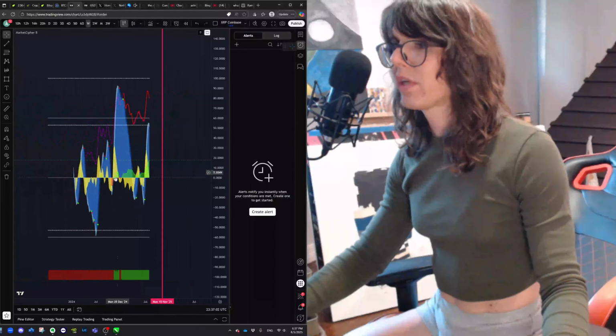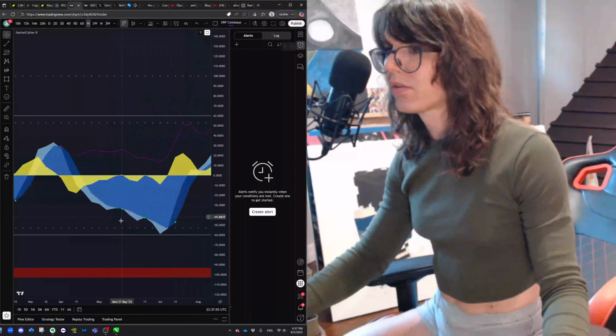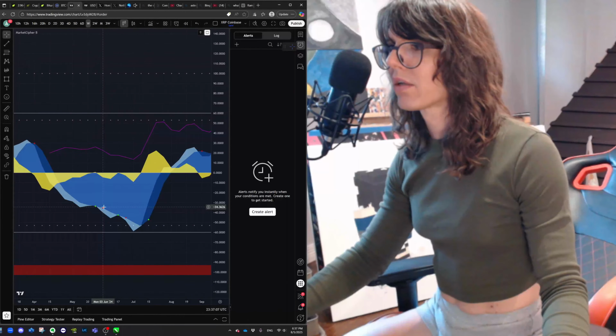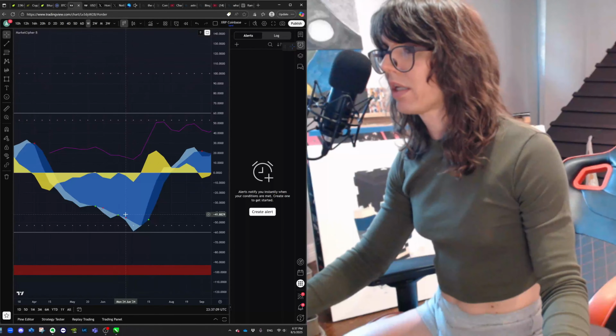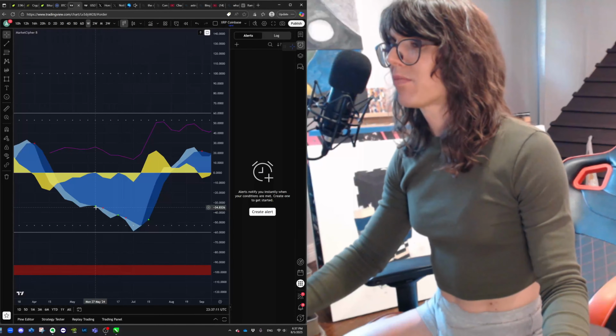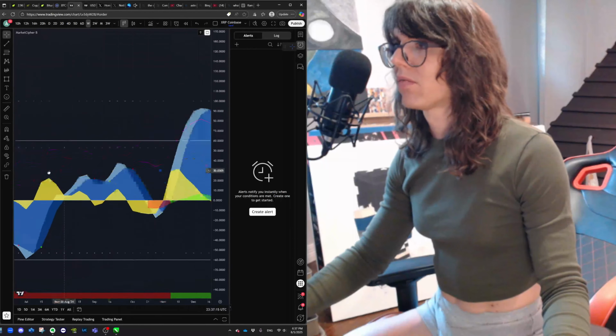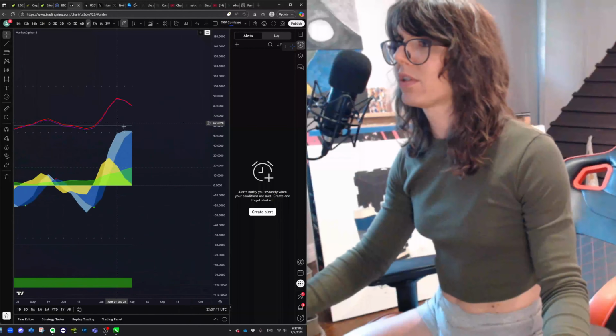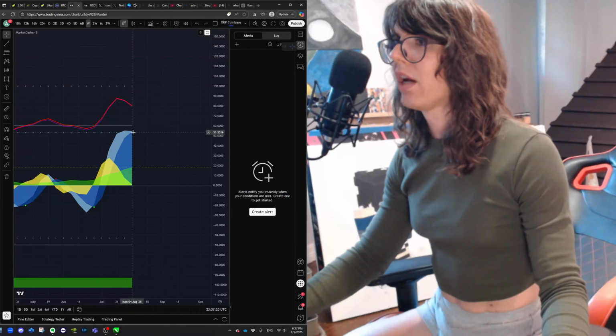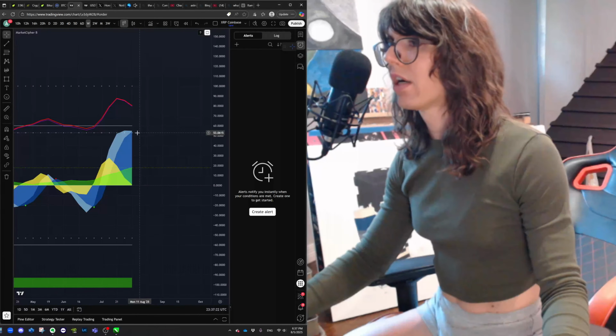And if you look over here, there's 1 week, another week. There's 1 week, the next week. So it's possible to see a red candle here, and then the week after, a green candle.